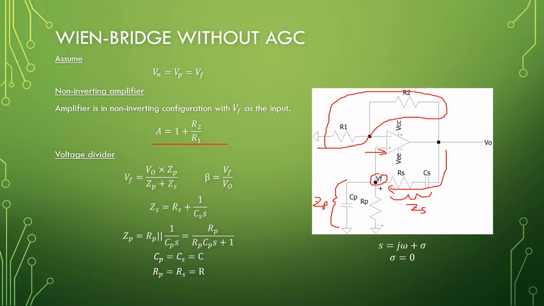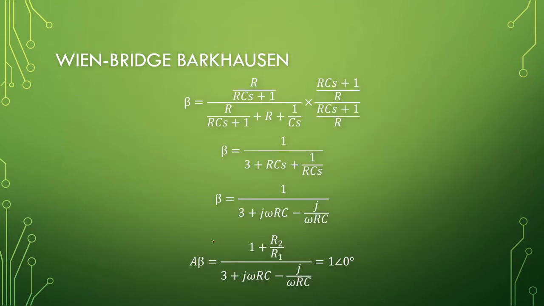And typically, you will choose the resistors and the capacitors to have the same values. So all the caps will be replaced with C, and all the resistors will be replaced with R. Okay, so plugging Zp and Zs in here, we are left with this monstrosity over here.